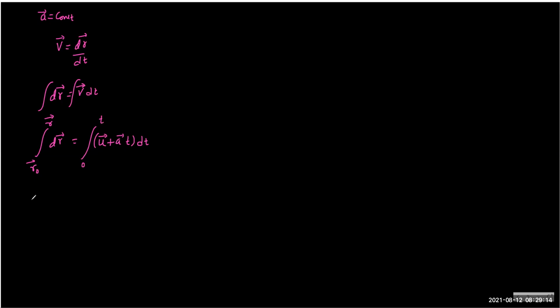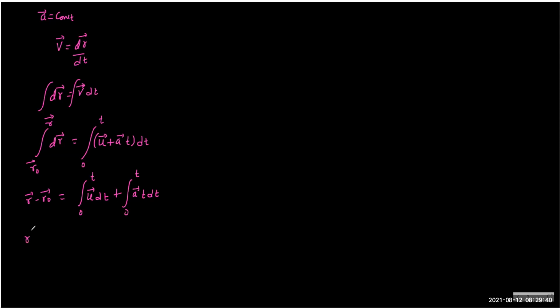Then dr becomes r minus r naught equals, because of the principle of linearity, we can break down the plus sign: u dt separately plus a t dt separately.